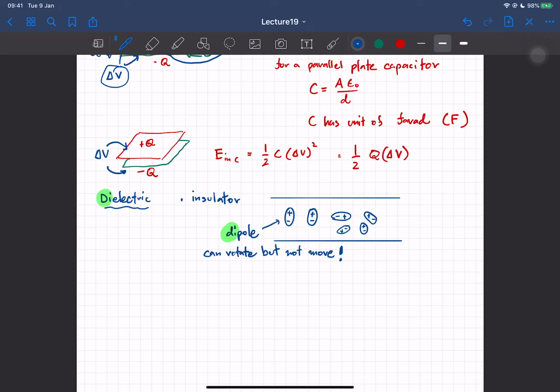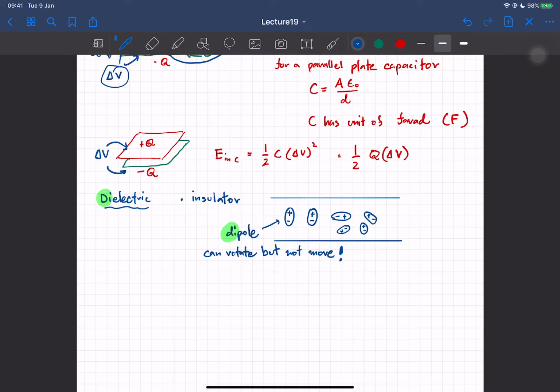It's kind of a very strange material, but it turns out that many kinds of material that we see in nature actually have this kind of property. Some will have a lot of dipoles that can rotate, some will have a little bit less. In any case, what's good about having many dipoles in a dielectric?